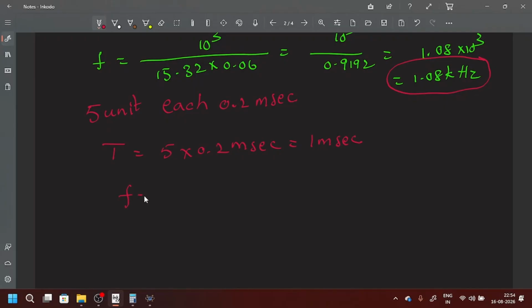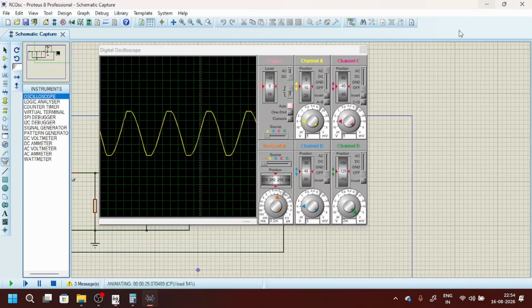Now we know that frequency is equal to 1 by T, and this will be 1 by 1 into 10 to the power of minus 3. So that will be 1 kilohertz. Theoretically I should get 1.01 kilohertz, but practically I'm getting 1 kilohertz. So that's not a big deal. Our output is correct.